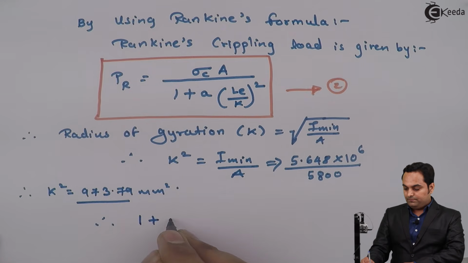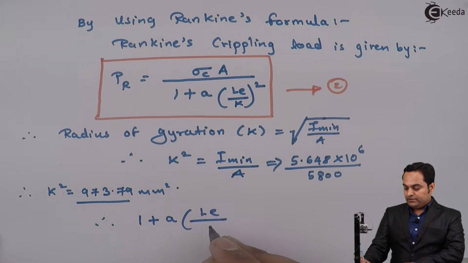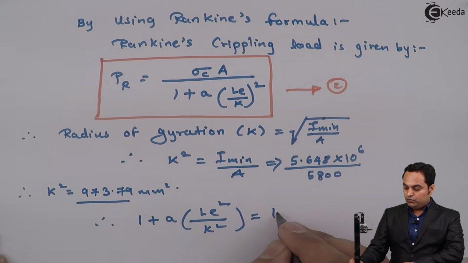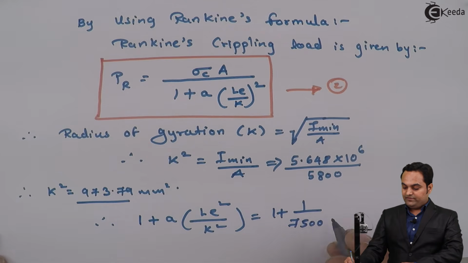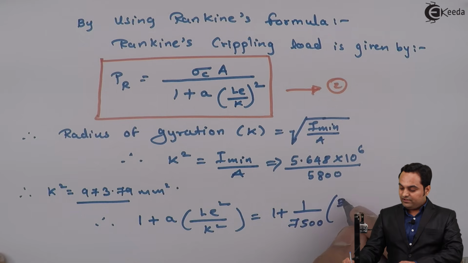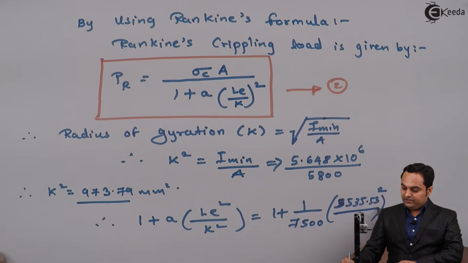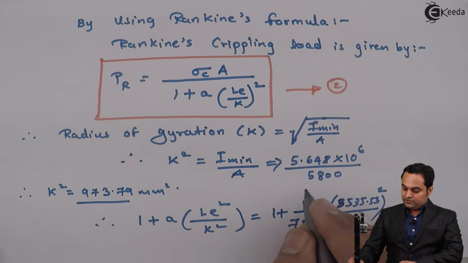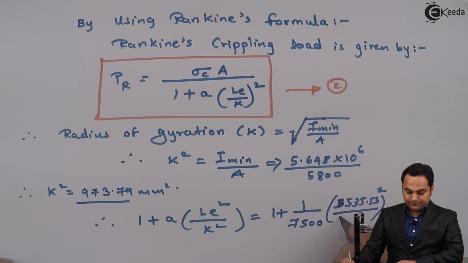Now after getting K square, I'll calculate the denominator. So therefore 1 plus small a into effective length square upon K square will be equal to 1 plus small a, which is 1 upon 7500 given. Effective length is 3535.53 square divided by K square, which is 937.79.